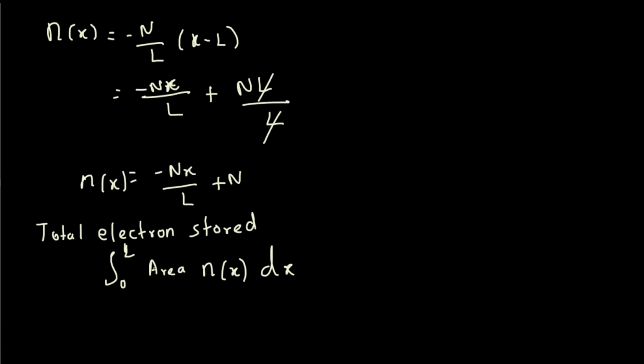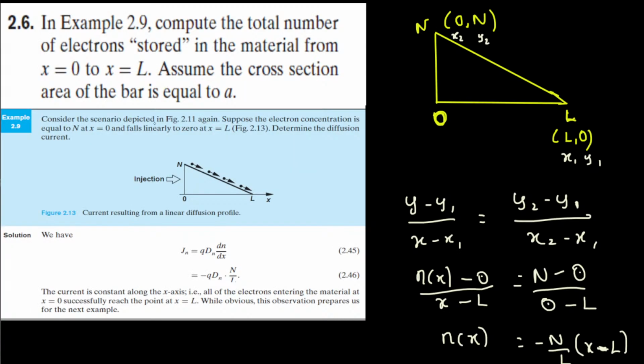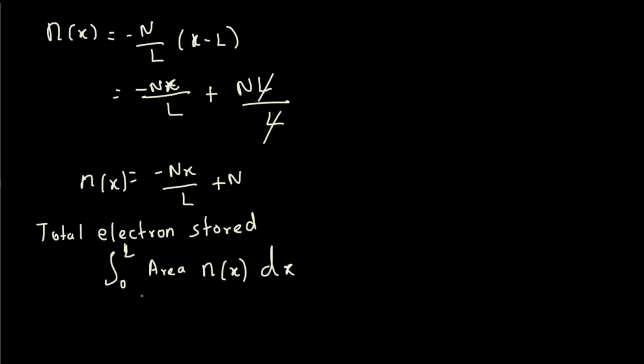So we know the area is A, so let's keep it as A. Okay, so they have given area as A, so we keep this one as A, and then n of x, we replace that one with this, minus nx over L plus n, and we are integrating with respect to x.